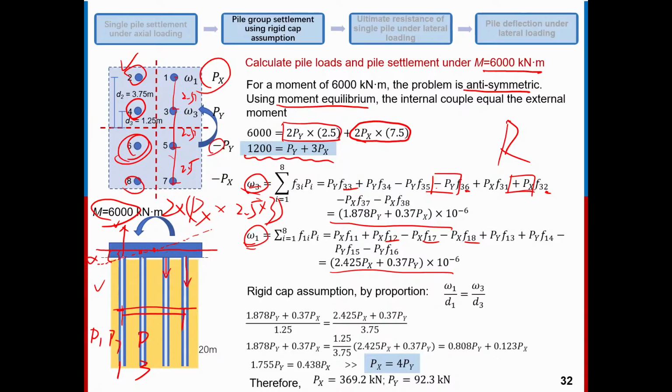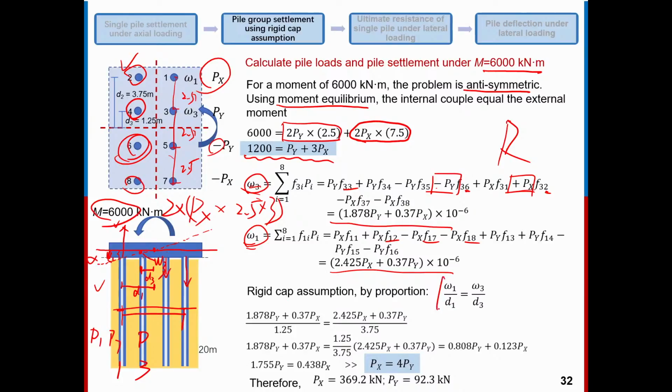Based on the rigid cap assumption, we know that omega 1 and omega 3 will be proportional to the distance of pile 1 to the rotation center, D1, and the distance of pile 3 to the rotation center, D3.